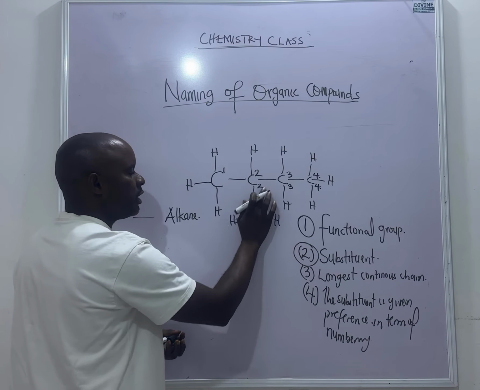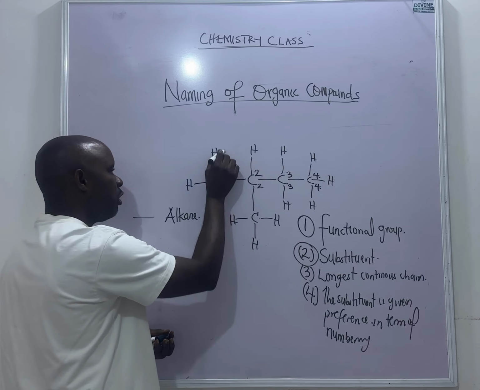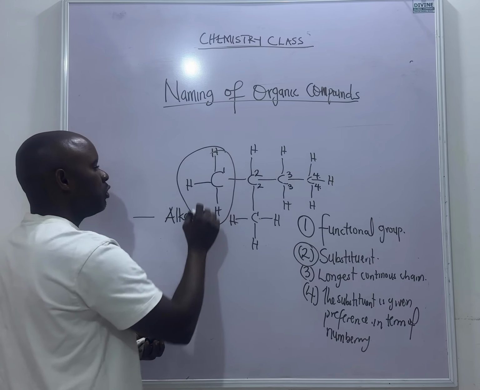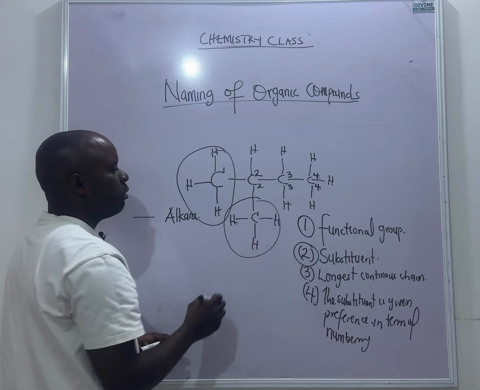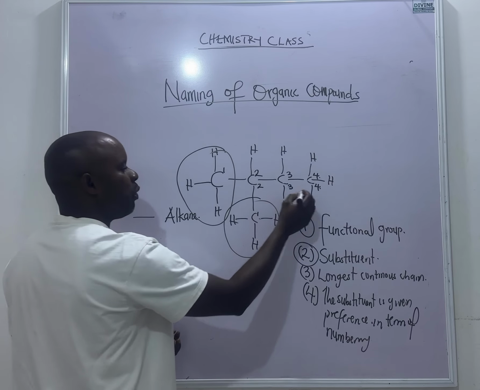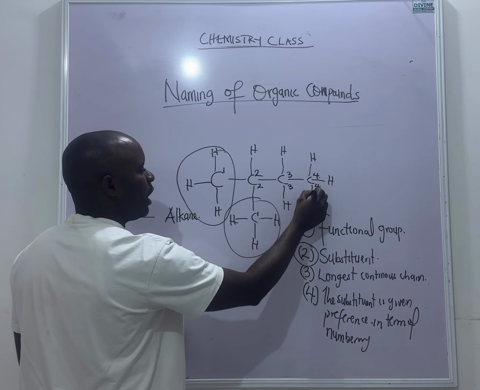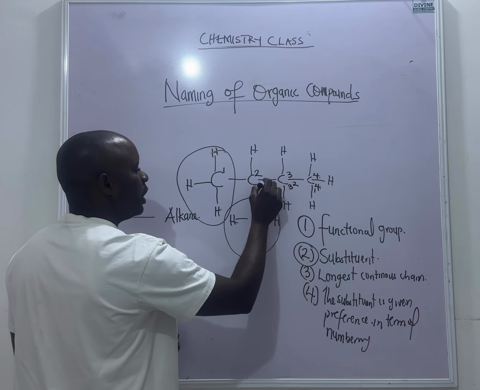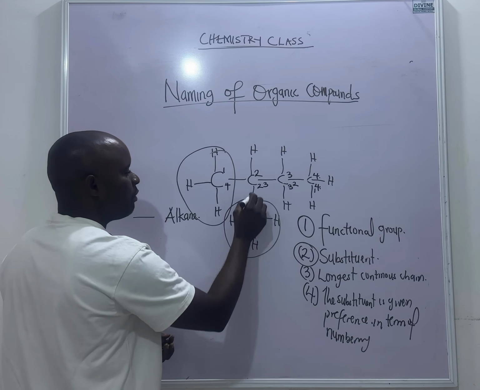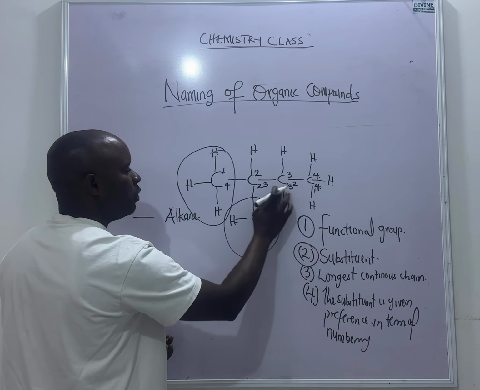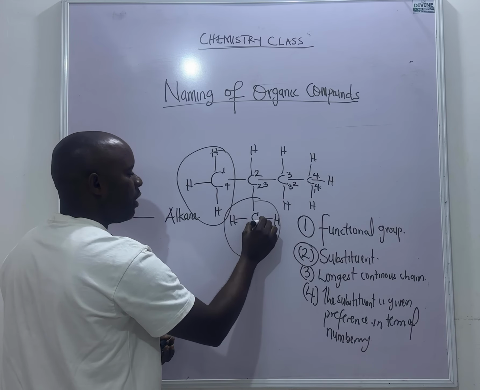So if you are using this numbering, automatically this becomes a substituent. So by so doing, if peradventure we are numbering from here 1, 2, 3, 4, or we are numbering from here 1, 2, 3, 4 as well.